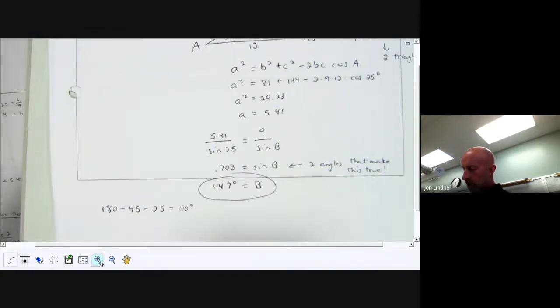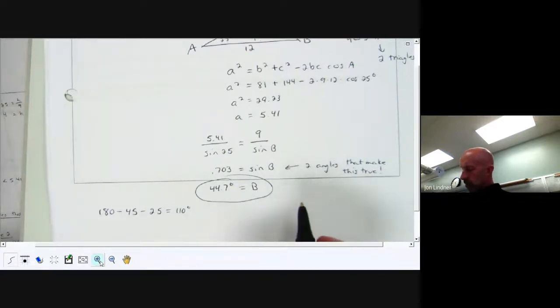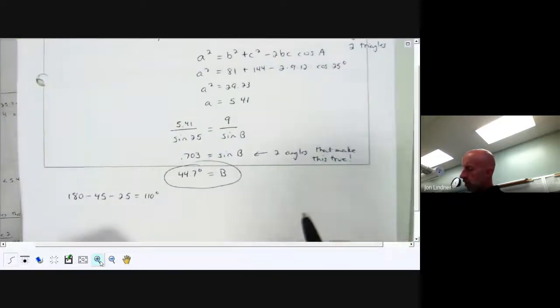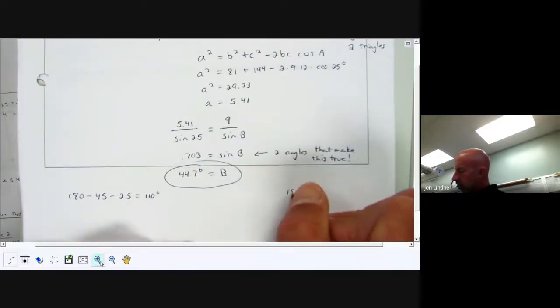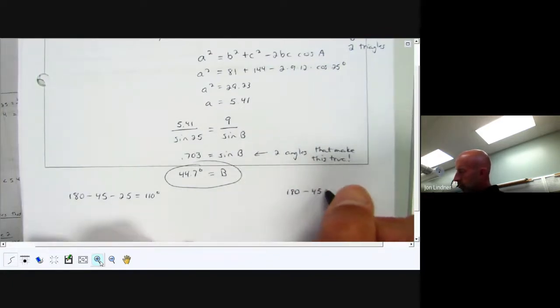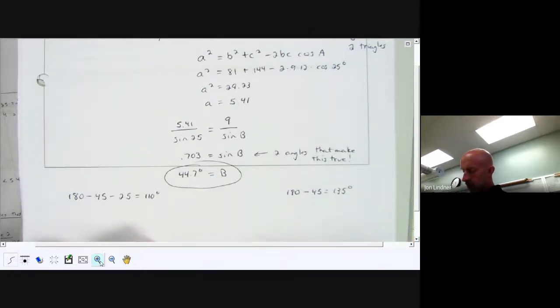All right. And if we think, well, there could be another possibility, like we did with the law of sines. What if I did 180 minus that 45 to get the other possibility? That would be 135 degrees. All right.